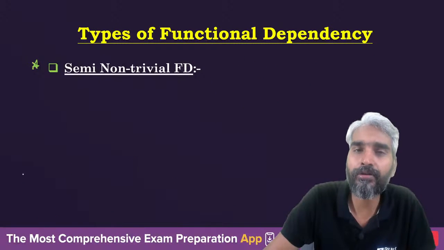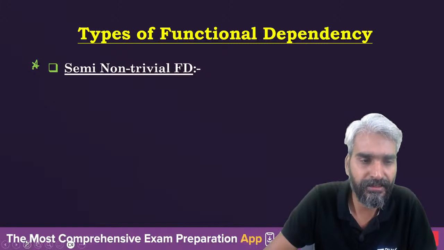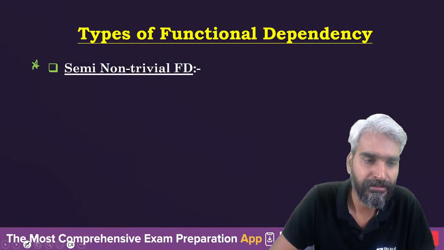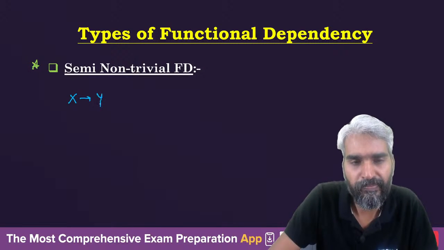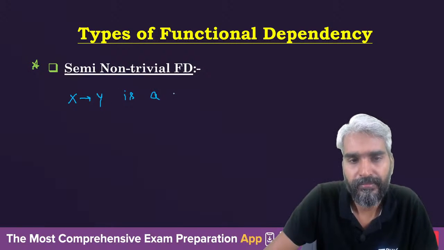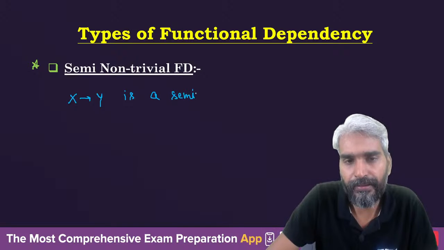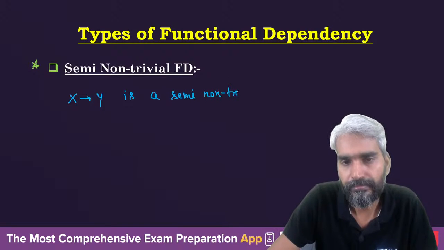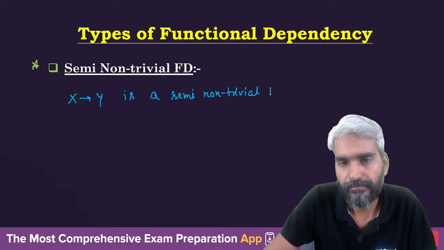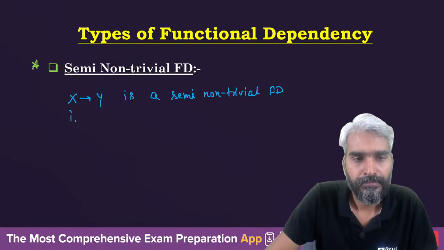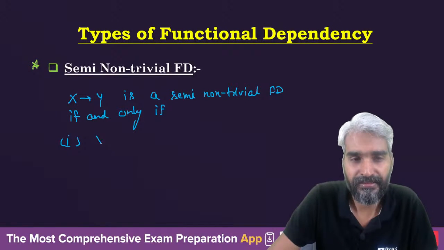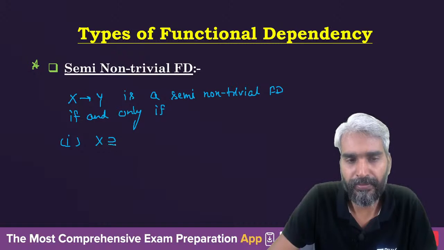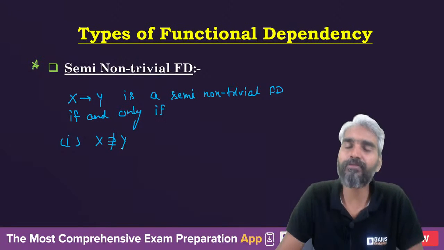So what is a semi-non-trivial FD? Just note down the definition. Let X and Y be any two attribute sets. X implies Y is a semi-non-trivial FD if and only if, first, X should not be a superset of Y, because if X is a superset of Y, it will become trivial.